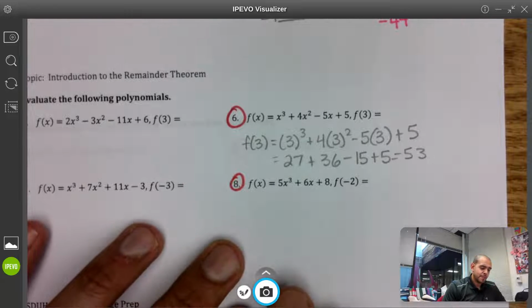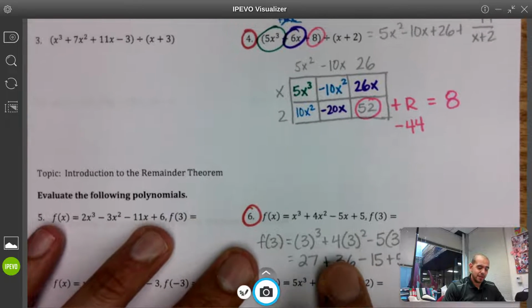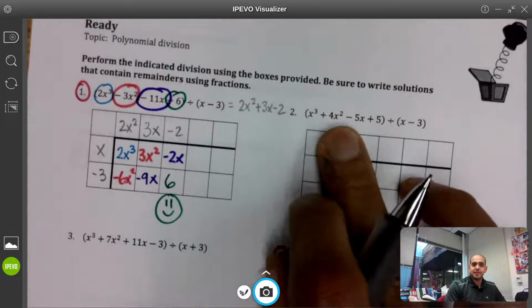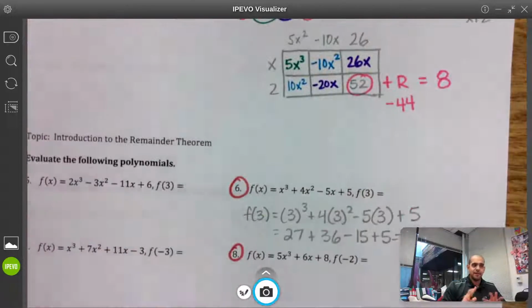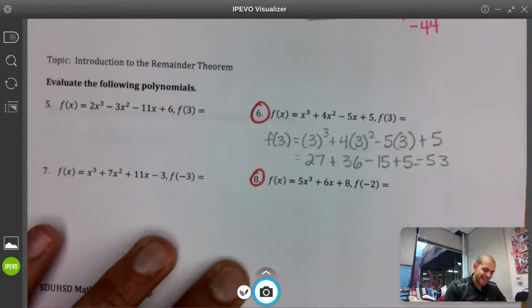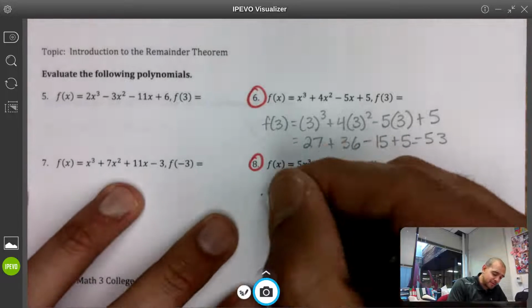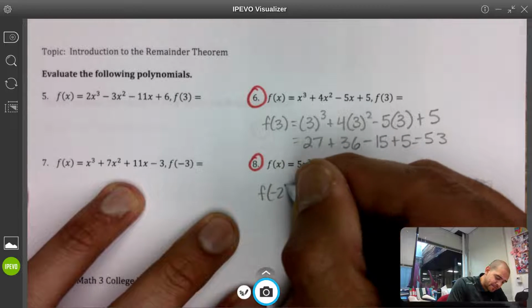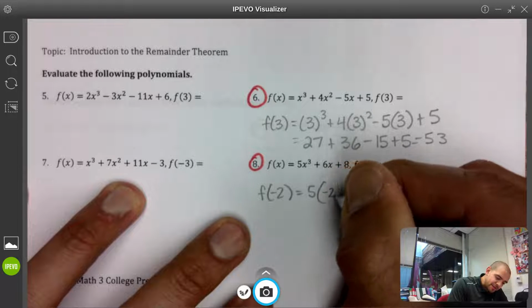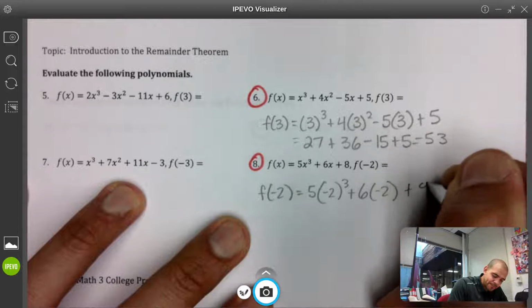Okay. Now, there's a connection here. There's a connection between this here and this equation here. So I'm hoping you'll see the connection soon. Right. Number 8. What we're going to do is plug in negative 2. F of negative 2 equals 5 times negative 2 to the third power plus 6 times negative 2 plus 8.